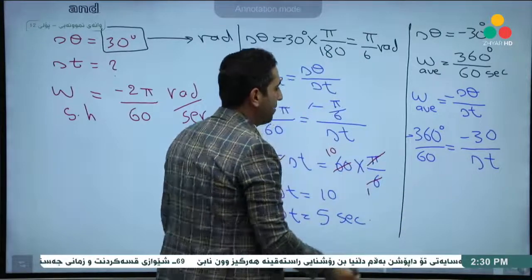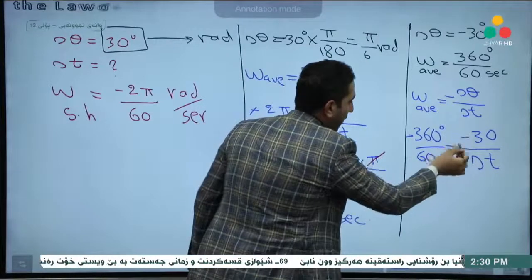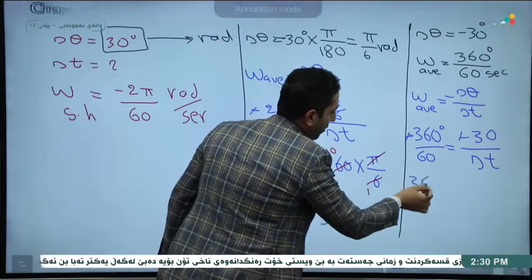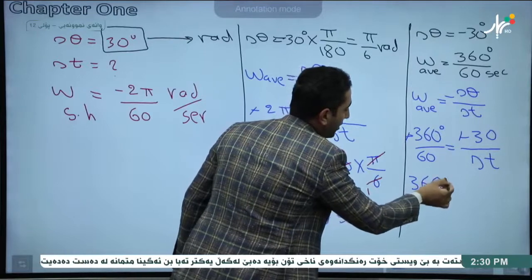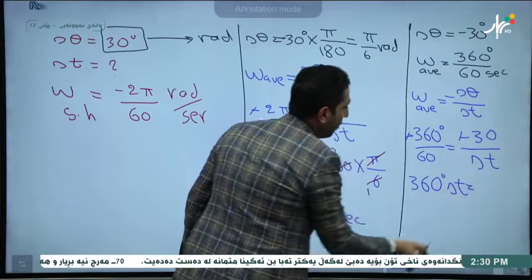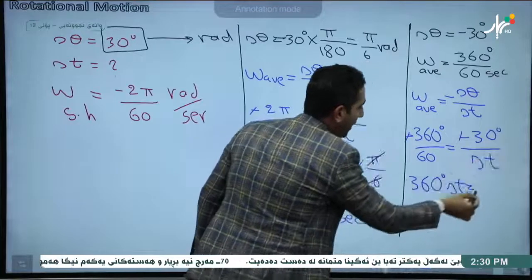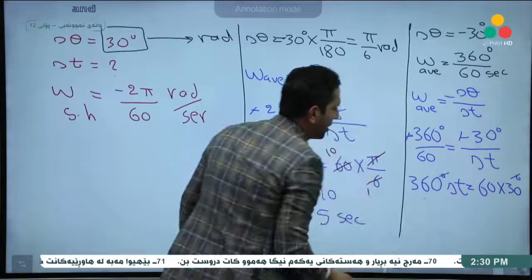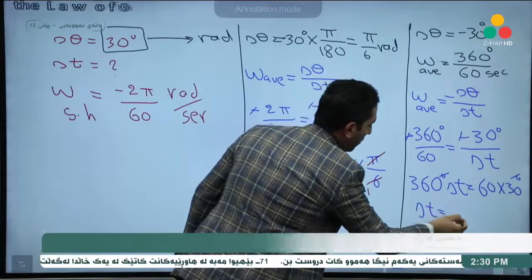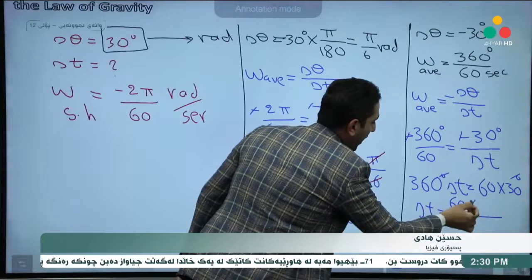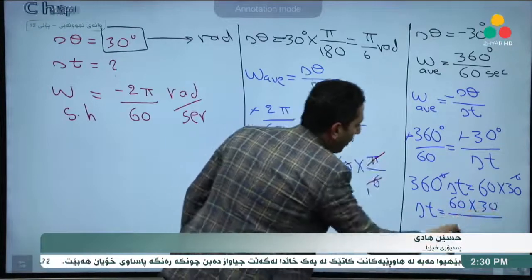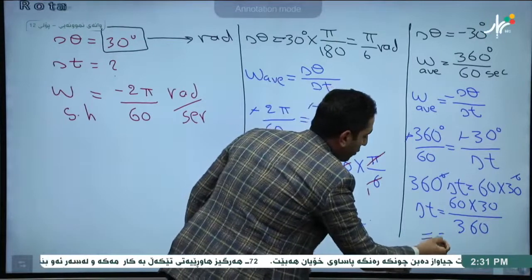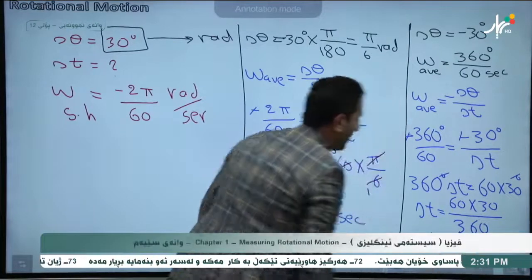Cross product again, negative and negative cancel. 360 degrees times delta t is equal to 60 times 30 degrees, degrees cancelled, so delta t is equal to 60 times 30 over 360, which is again equal to 5 seconds.